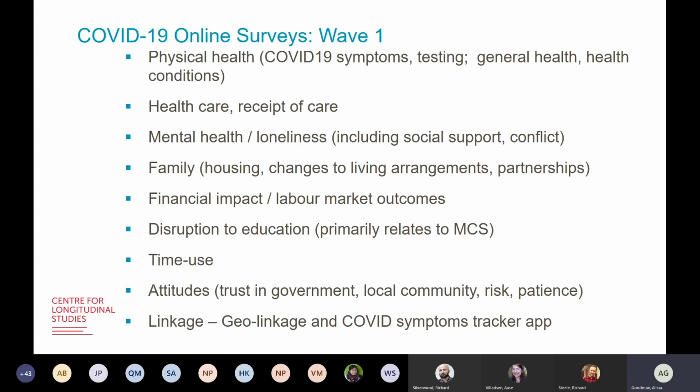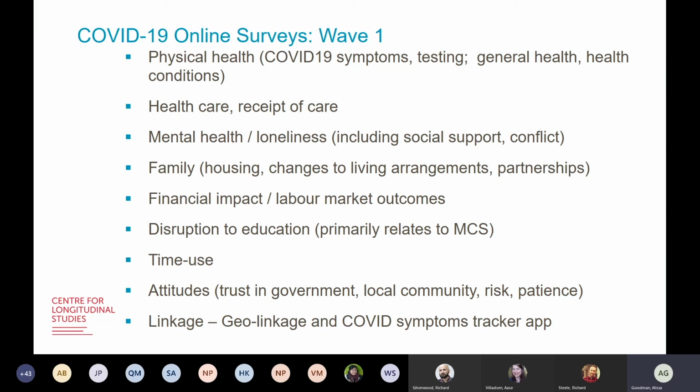Okay, so what was in our first survey? Here's a list of topics which we covered. I won't go through it in detail, but you can see that we've covered a range of topics around health and healthcare, physical and mental health, things around people's families, employment and finances, education, particularly for the Millennium Cohort study.